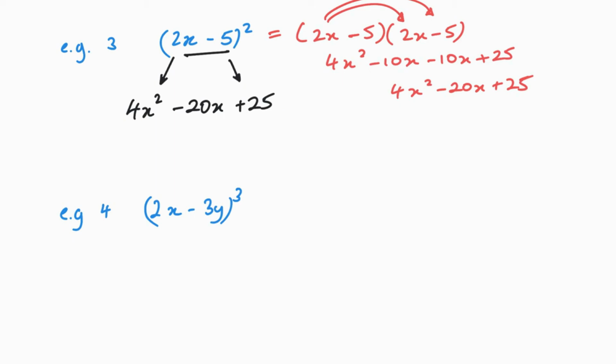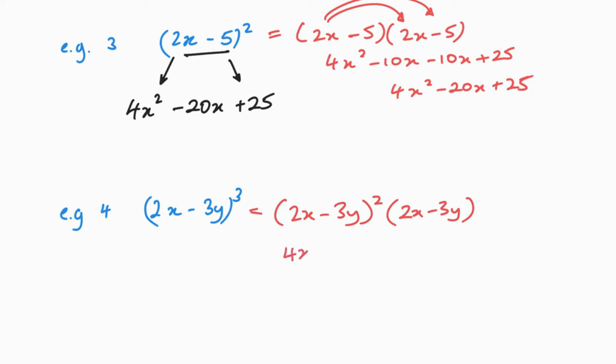Okay? So if we look at that with this final one here, we've got a cubed. So I would, in this case, make it a squared times itself. There is other ways of doing this, but this, in this case, is probably the quickest.